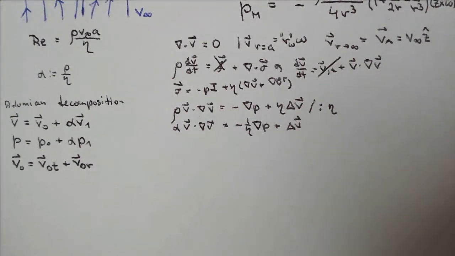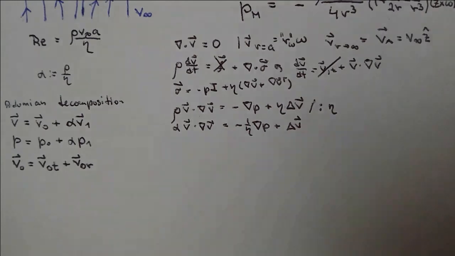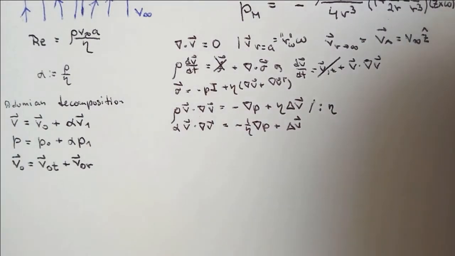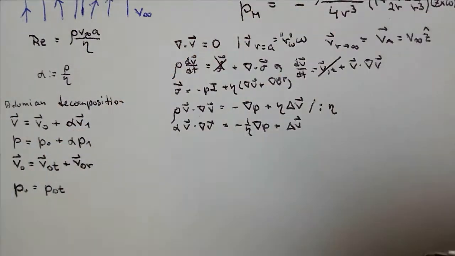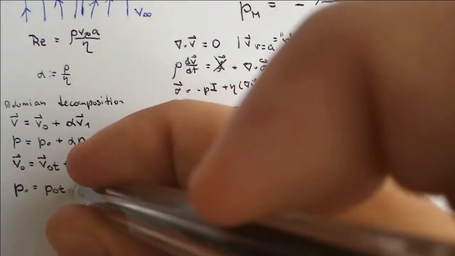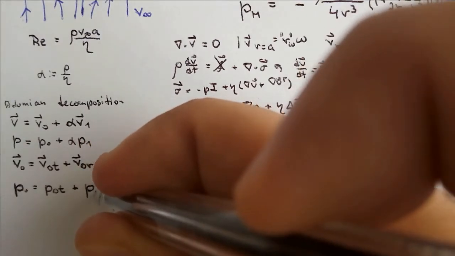So next, P0 can also be decomposed into two solutions. The first one is the solution from the translational part, the Stokes solution, and the second is from the rotational part.